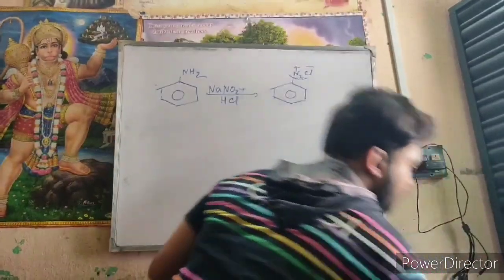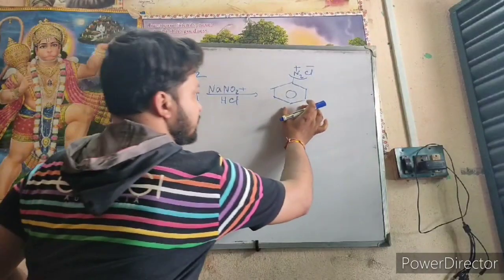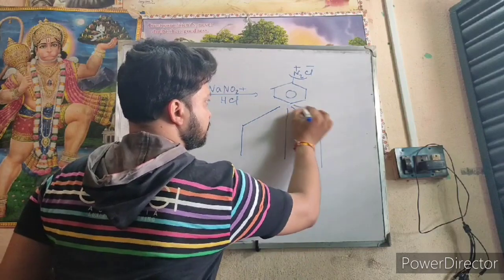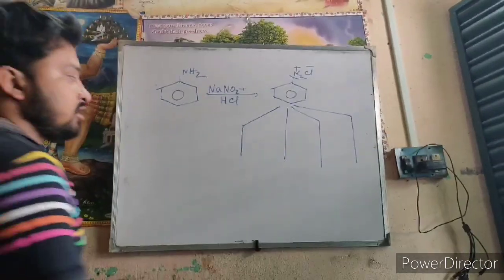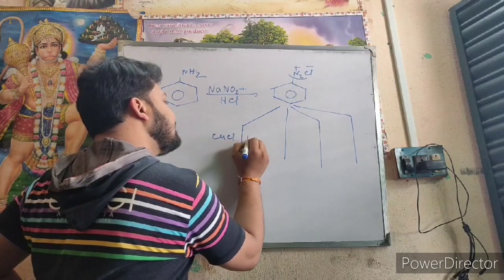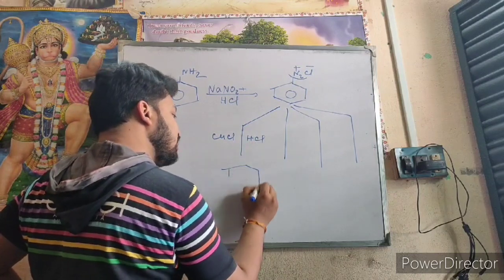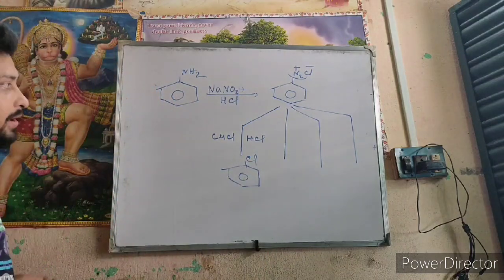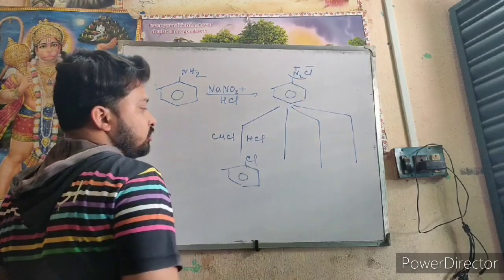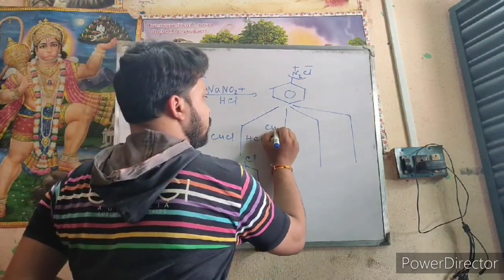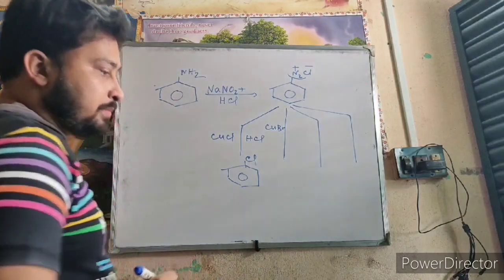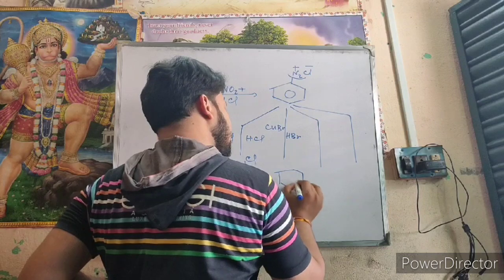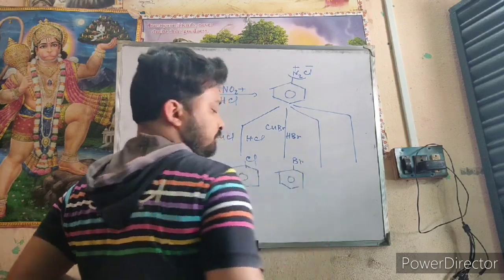Now the Sandmeyer reaction starts from here. What is the Sandmeyer reaction? If you use CuCl and HCl, you get chlorobenzene from this reaction, because nitrogen is a good leaving group. Similarly, if you use CuBr in the presence of HBr, you get bromobenzene.